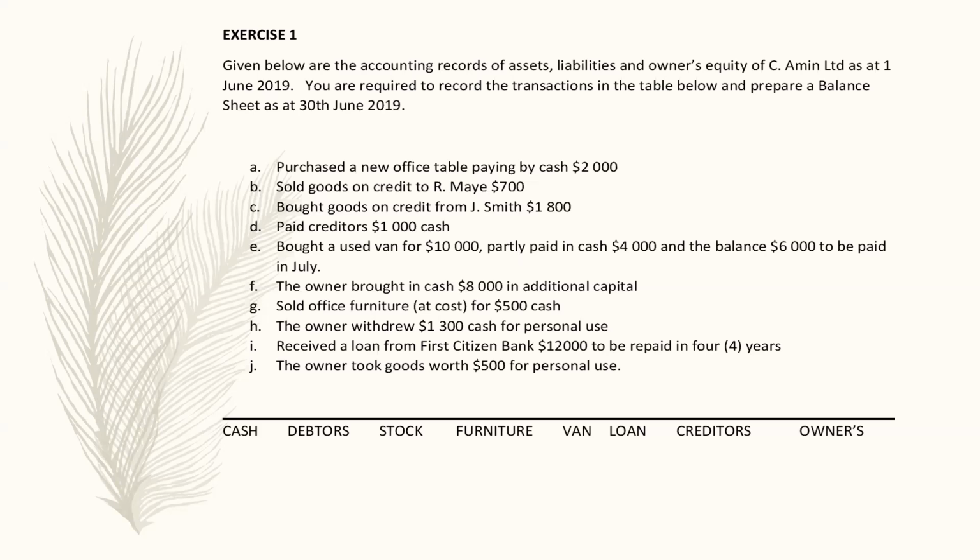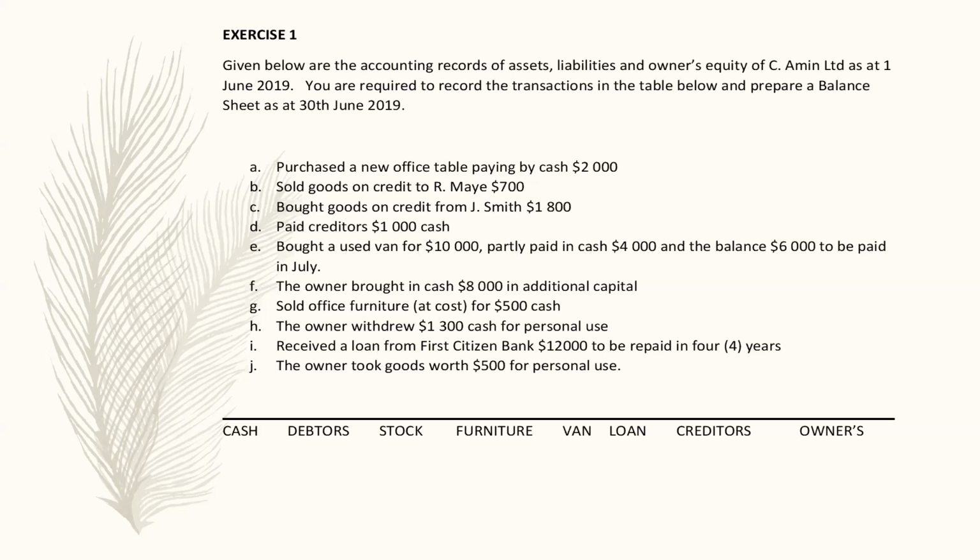And since you sold goods to RMA, RMA is the debtor. RMA is owing the business, so you put plus $700 under debtor.